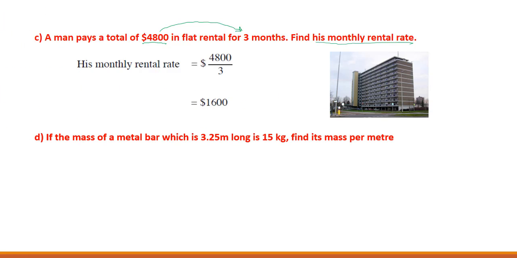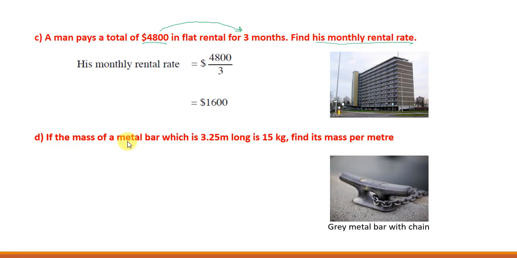Now we are going to start part D. If the mass of a metal bar, which is 3.25 meter long, is 15 kg, find the mass per meter. So it means that mass will be our numerator and meter will be our denominator, and as you know, per shows the division sign.